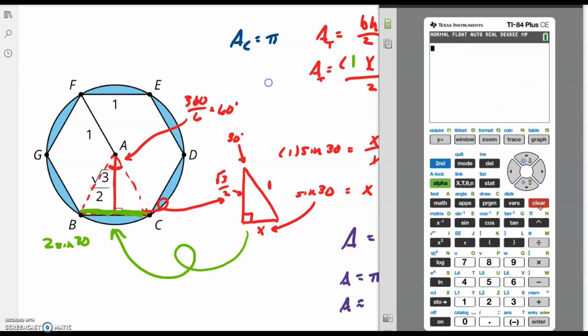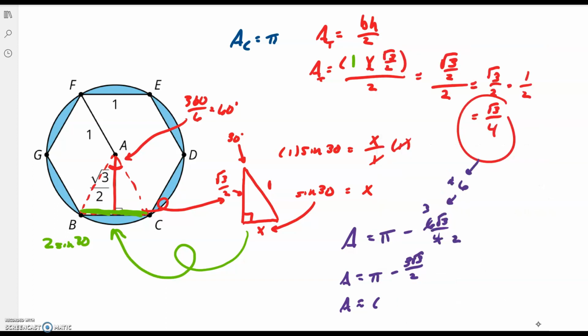I go into my calculator, I do pi minus 3 square root 3 all over 2. Enter, and I get 0.544 units squared.